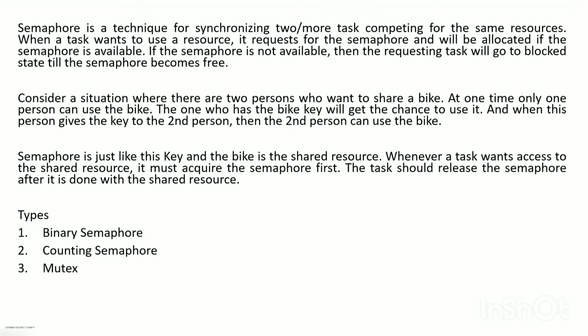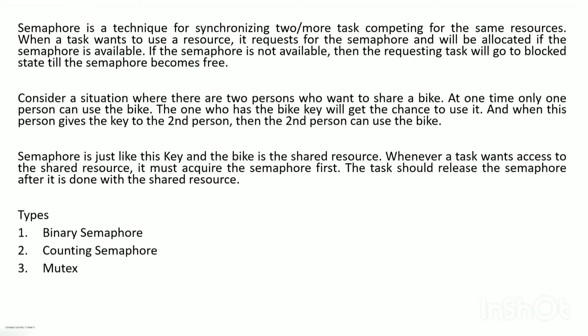In order to access the critical section, you require a key or a variable which is called a semaphore, and that acts as a synchronization or a communication mechanism for various processes. So if you are not able to recall the definition, just understand this example which I have given to you, which is the example of a key and a bike. Okay, the bike you can think of as the critical section, and the key will be the semaphore.